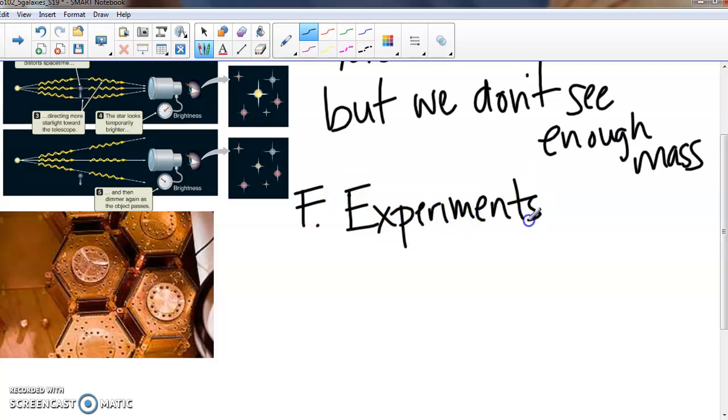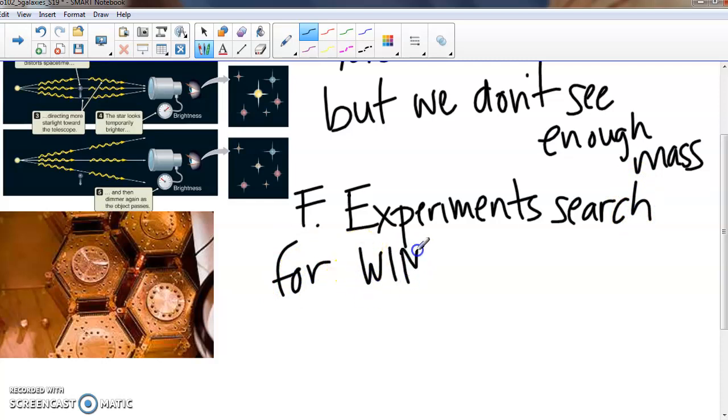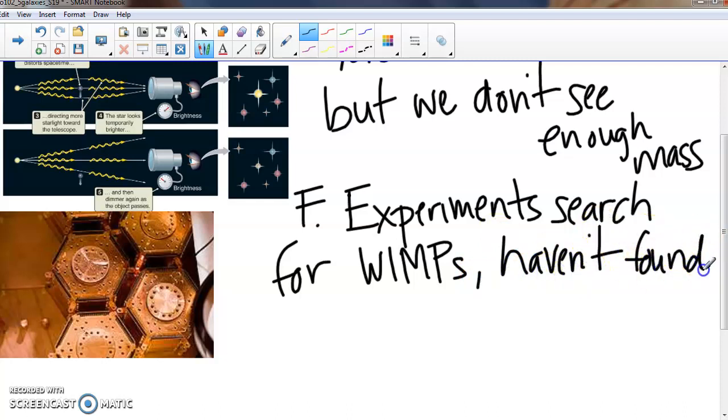So experiments here on Earth search for WIMPs, because we should be able to somehow see some evidence of these guys, even if they're weakly interacting. Maybe we could design an experiment to see them, but we haven't found them yet. So that's the but. Haven't found anything that fits the bill yet.